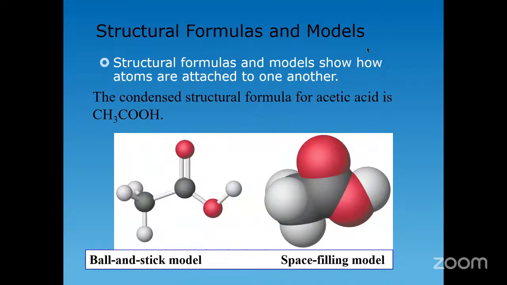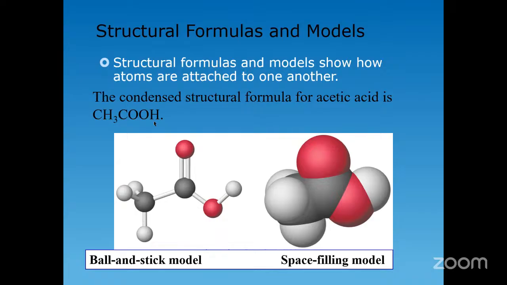There are other ways of representing a molecule, especially in terms of how the atoms are connected. We can use what are called structural formulas. The example shown here is for acetic acid, where the structural formula is given like this. That gives you an idea as to how the atoms are connected.